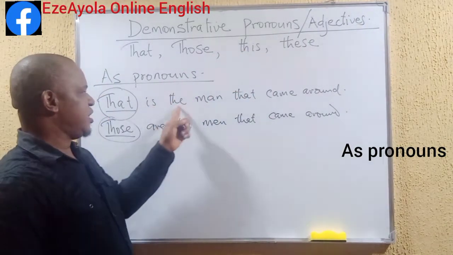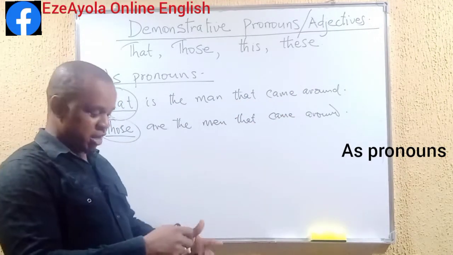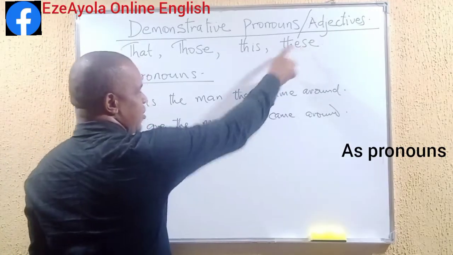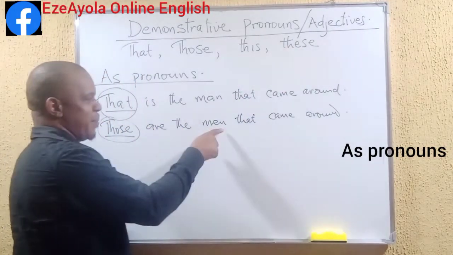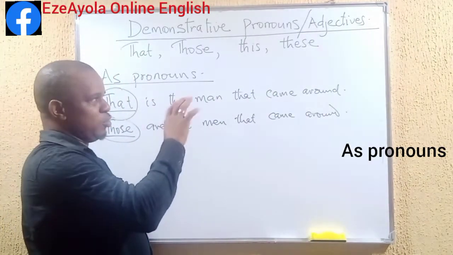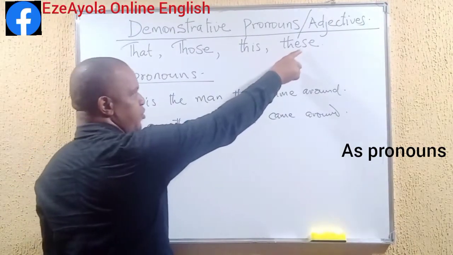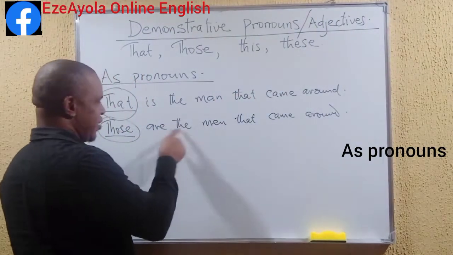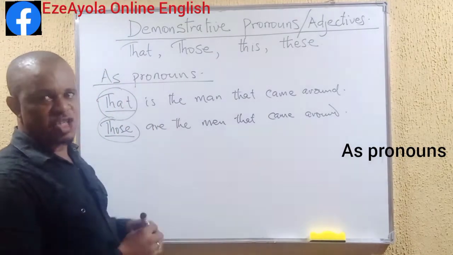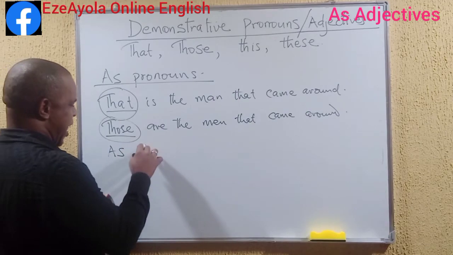This is the man that came around because the man is very close to you. Singular, one person. Okay? These are the men that came around. Have you seen it? You are making use of them as demonstrative pronouns. These are the men that came around. Remember, as pronoun.